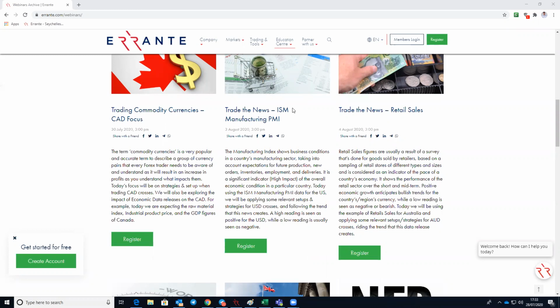Because you have ISM manufacturing or PMI, for example, and usually it's categorized as a high impact data release, and it can be for the US, or for another country as well. So that's why ISM manufacturing is quite good for us to consider trading before, after, or during the release, because it creates a lot of volatility as well.